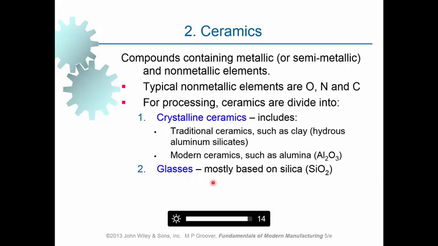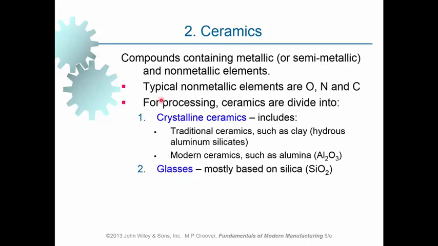In the case of glasses that are mostly based on silica, that is the silica sand we can find on the beaches, SiO2. That's inexpensive and frequently available. Glasses are made of silica sand, and the difference between the structure of glasses and crystalline ceramic is the crystalline structure.